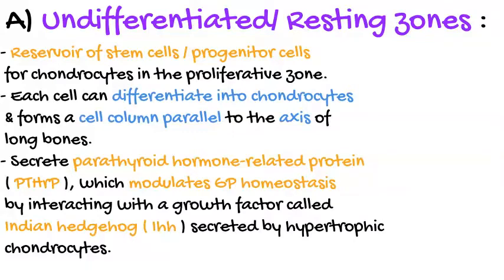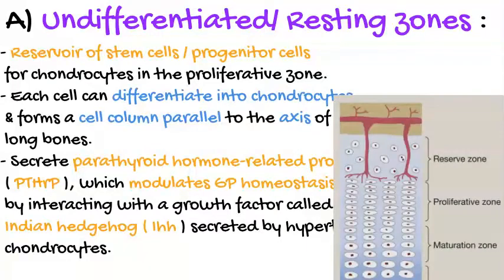Cells located here also secrete parathyroid hormone-related protein, PTHrP, which modulates growth plate homeostasis by interacting with a growth factor called Indian hedgehog, IHH, secreted by the hypertrophic chondrocytes.